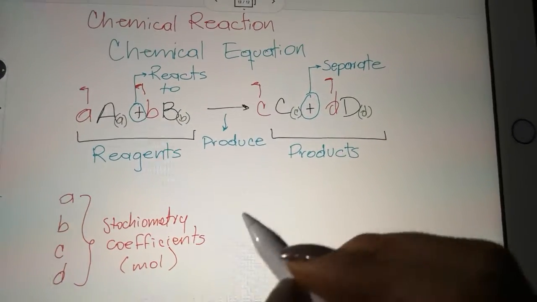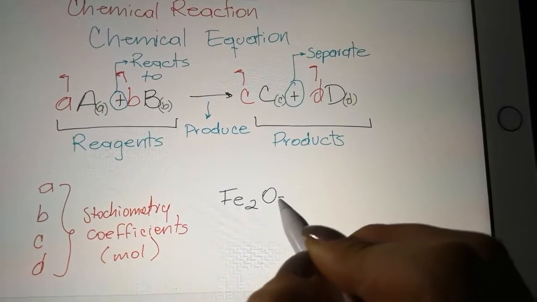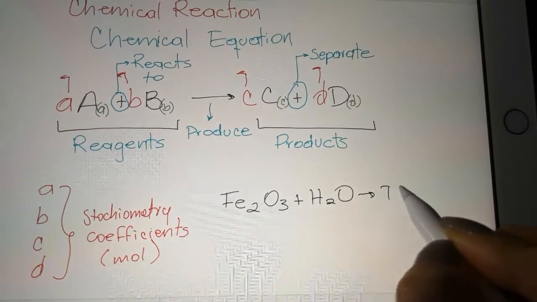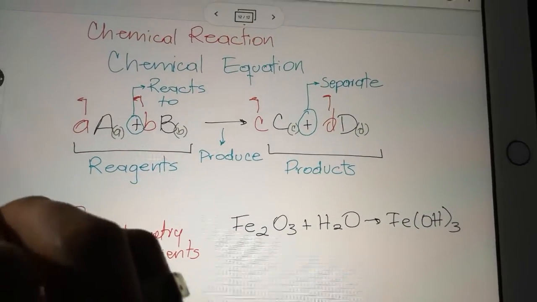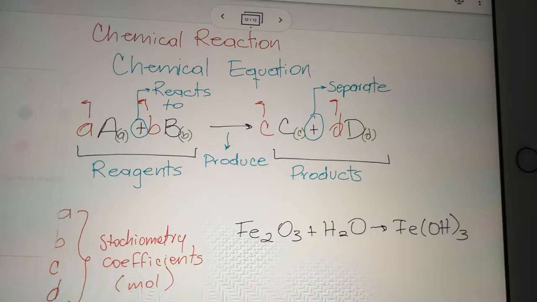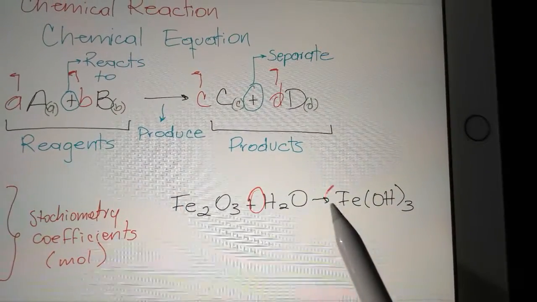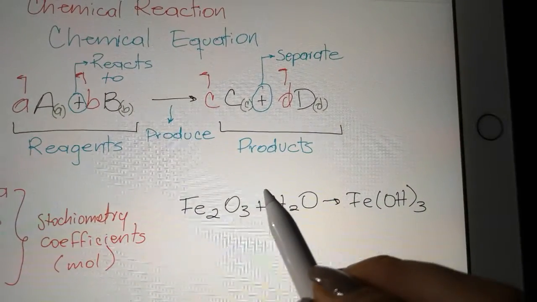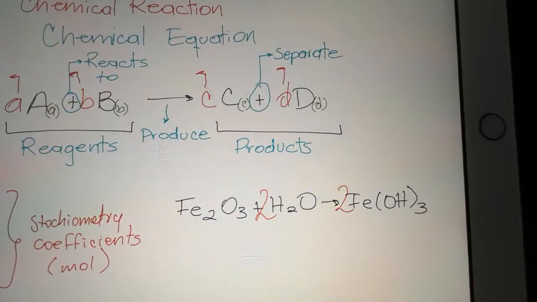So, for example, here I have this one. In this case, as you don't have numbers here, it means you have 1 mole, okay? Don't forget it. But here, the balanced reaction is this.